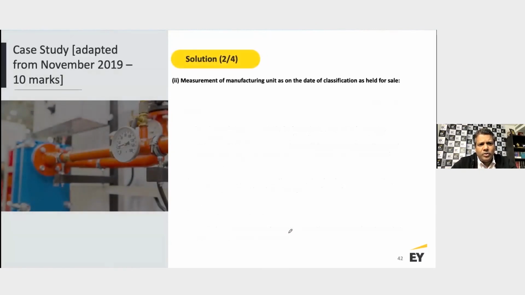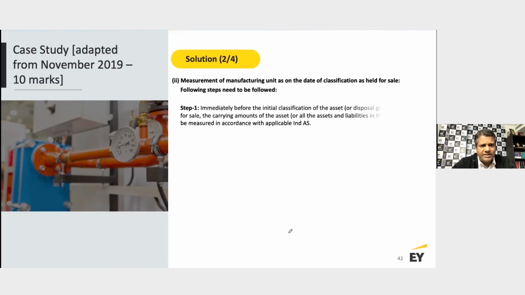Now let's look at the measurement of the manufacturing unit as on the date of classification as held for sale. Following steps I need to look at. Immediately before the initial classification of the asset as held for sale, the carrying amount shall be measured in accordance with the applicable Ind AS.